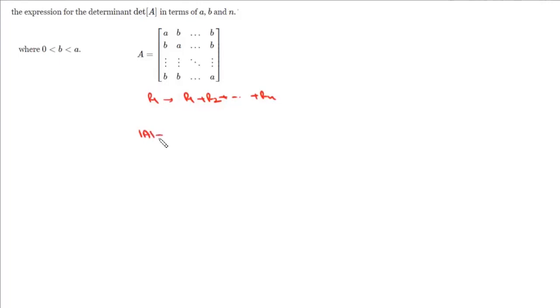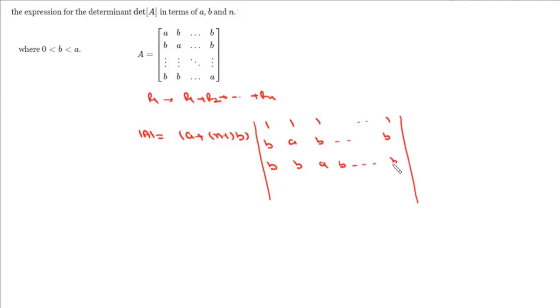So this determinant of A will be A plus n minus 1 into B, and here in the first row we'll have 1, 1, 1 and 1, and here will be B, A, B and B, then B, B, A, B up to B, and finally it will be B, B, and this is A.